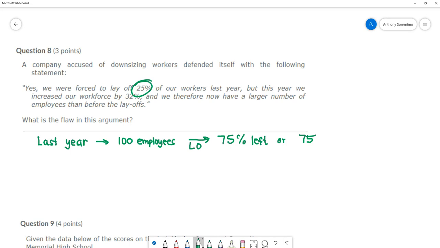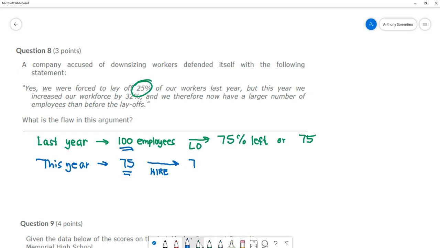This year, we're starting with 75 employees, and now we hire 32% more. The thing is, it's not going to be 32% of the 100 we had last year. It's a 32% increase from what we have now.